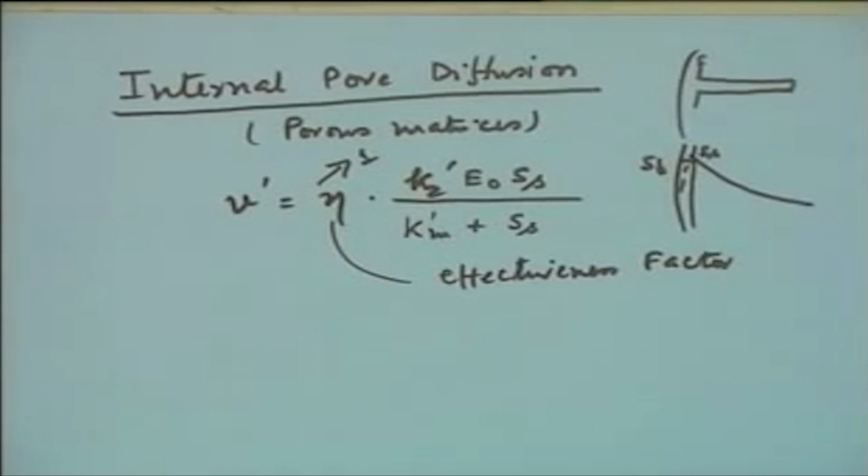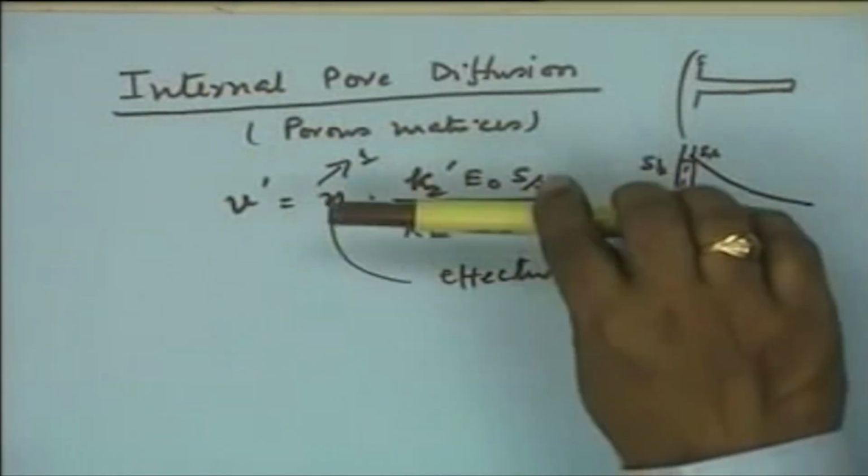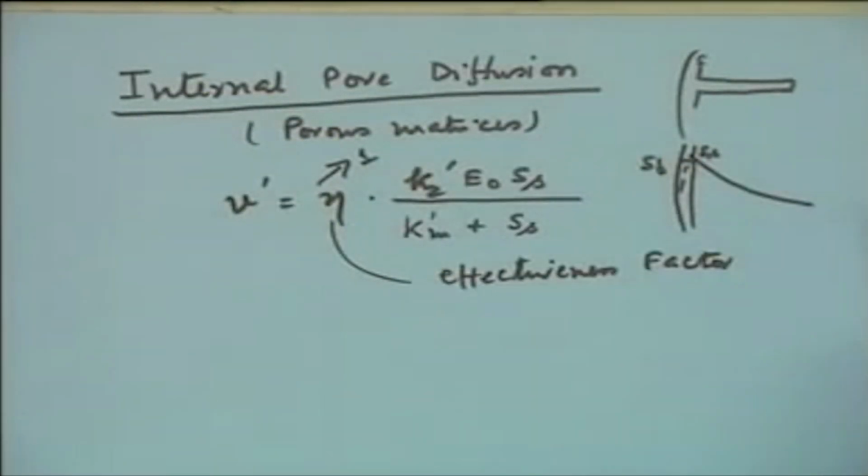The same substrate concentration present at the surface is present across the particle, at all the pores, and under that condition the effectiveness factor will be 1. That is the ultimate limit, and we normally describe internal pore diffusion effects by the effectiveness factor.